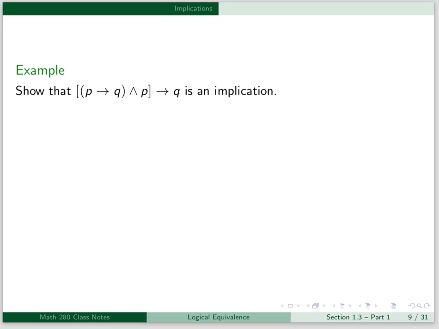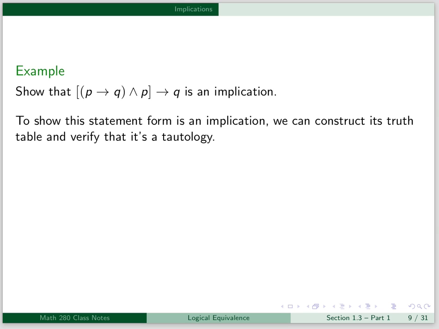For another example, we want to show that the quantity P implies Q, and P, implies Q is an implication. To show the statement form is an implication, we can construct its truth table and verify that it's a tautology.